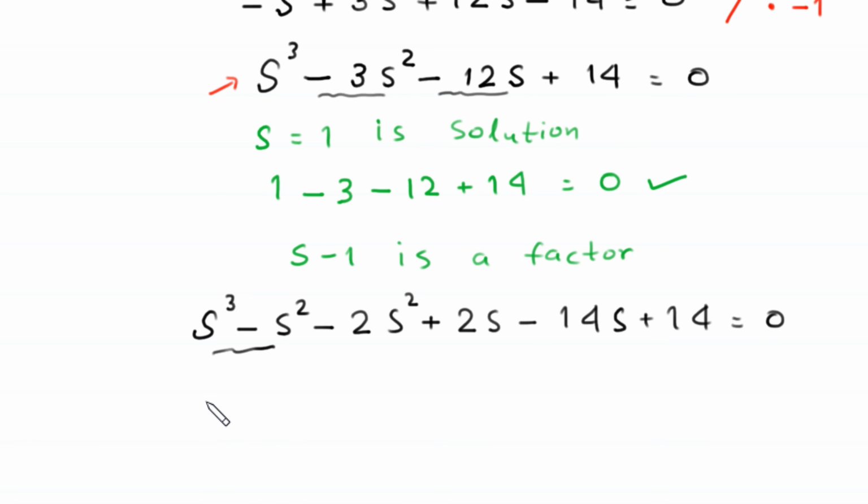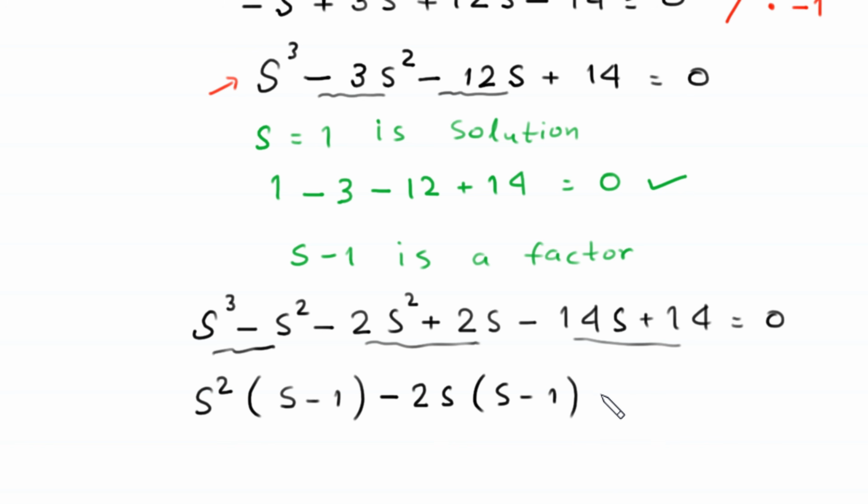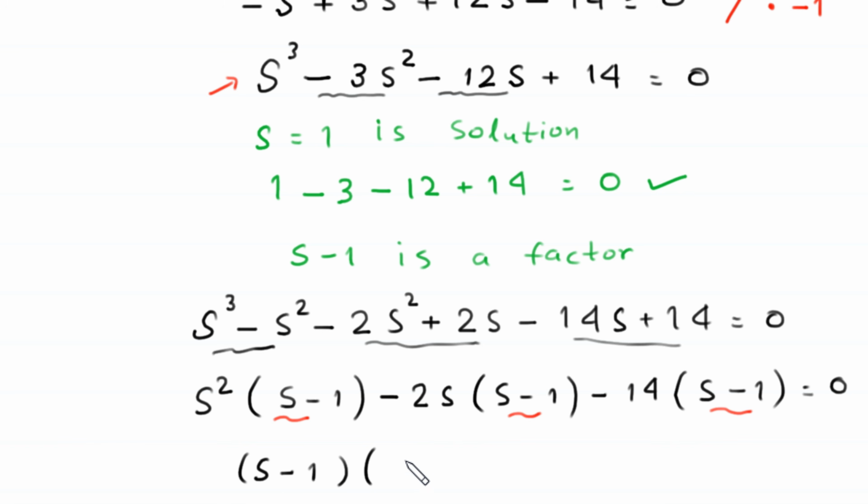From these two terms we can factor out s squared, in bracket s minus 1, and from these two terms we can factor out negative 2s, in bracket s minus 1, and from these two terms we can factor out negative 14, in bracket s minus 1 equal to 0. And this s minus 1 is a common factor, so we factor out this s minus 1, and in bracket s squared minus 2 times s minus 14 equal to 0.